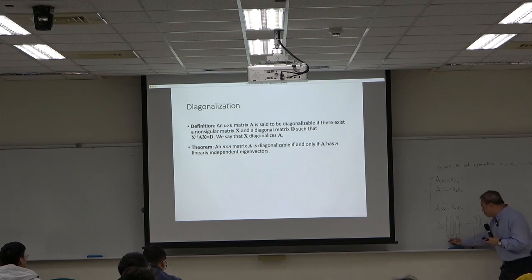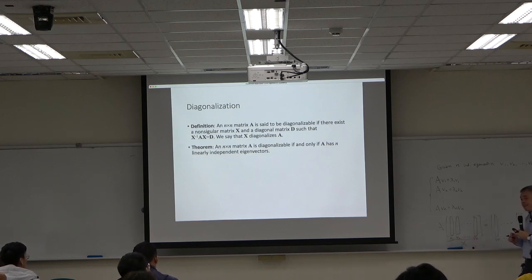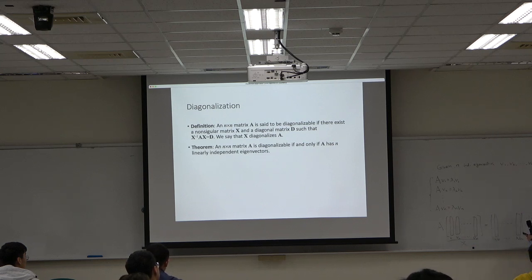So this one, we let it be x. And then this one will be v1 to vn times the diagonal matrix with lambda 1, 0, 0, 0, 0, lambda 2, 0, 0, lambda 3, up to lambda n.